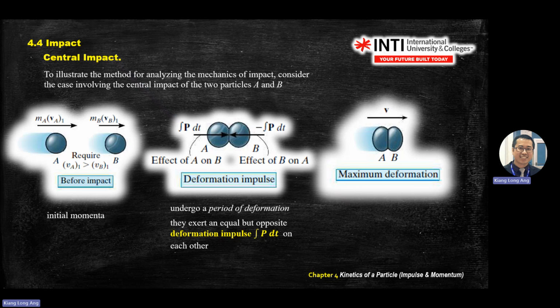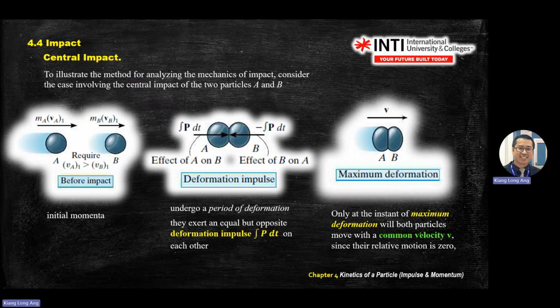When they reach maximum deformation, both will move at the same speed. They squeeze up to the maximum, cannot squeeze anymore, and they will move in the same direction. So before impact, the deformation impulse means they squeeze each other, then reach maximum deformation and move together.